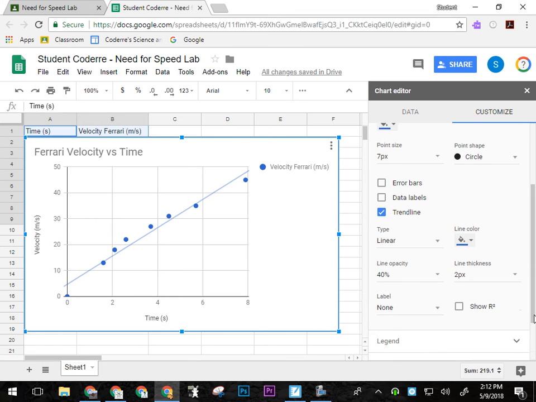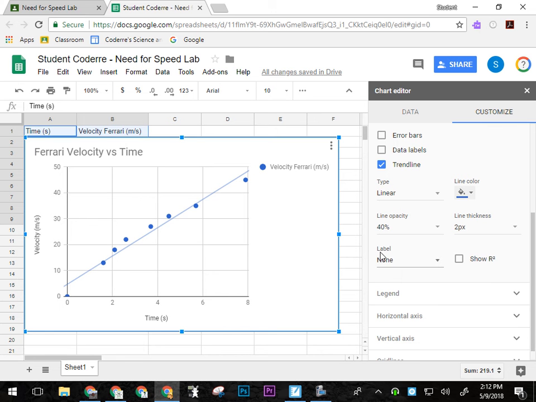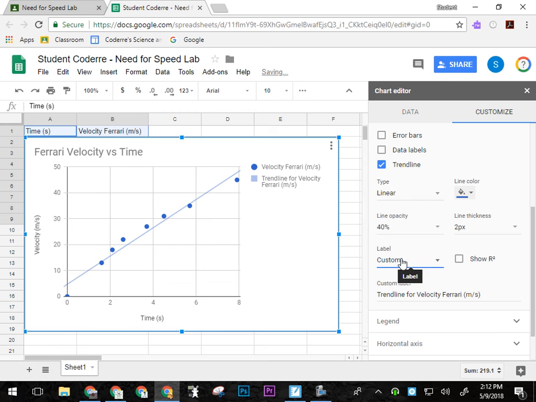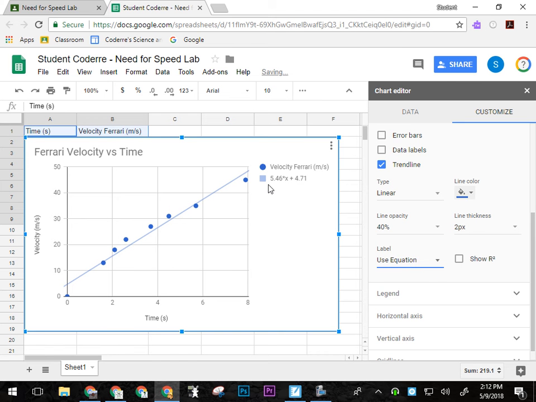If I scroll down a little bit further, you'll see there's an option for label, and I want to click on that and say use equation. It is showing me here that y equals 5.46 times x plus 4.71. So it spit out the y equals mx plus b for the Ferrari.